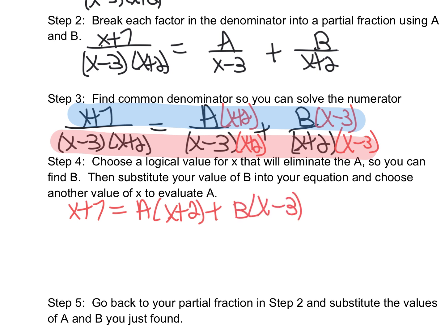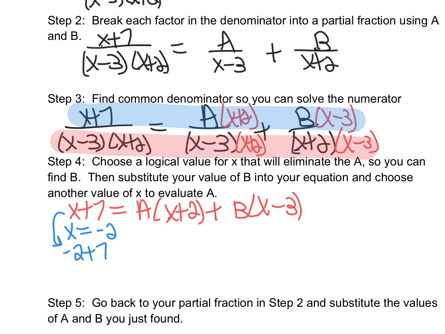And again, we're going to pick a value of x that's going to eliminate either a or b. So let's eliminate a. So I'm going to say that x equals negative 2. Why negative 2? Because negative 2 plus 2 is going to be 0, and 0 times a is going to cancel that out. So I'm going to say negative 2 plus 7.